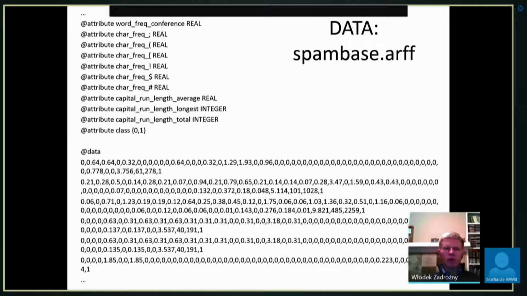So going from the bottom, we have how many capital letters are total, the longest run, how many capital letters is on average, okay? And then we have certain other attributes like the number of character sequences, which is like the pound sign or sharp.